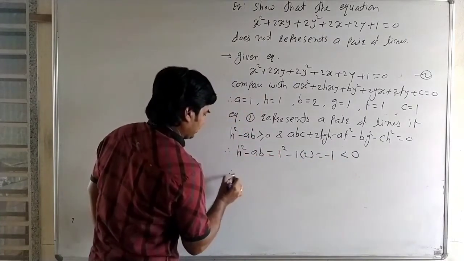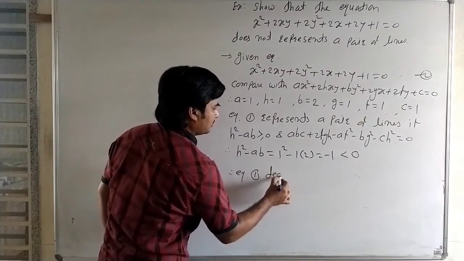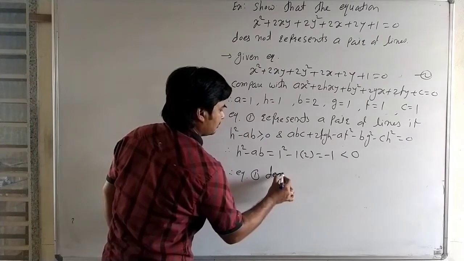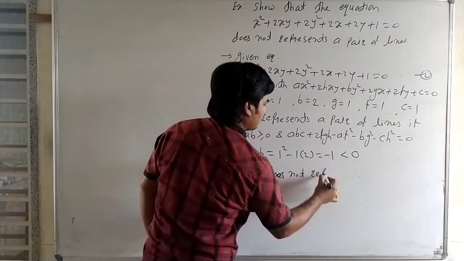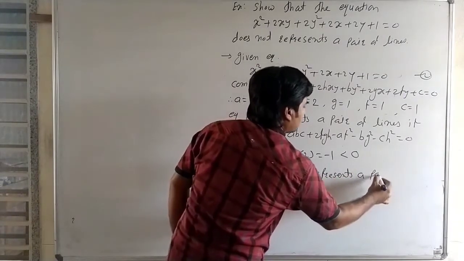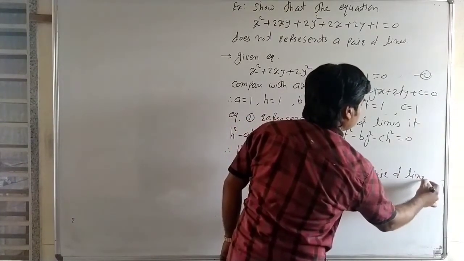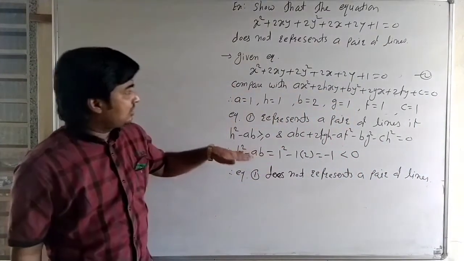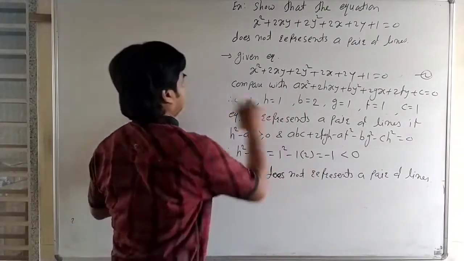Okay, therefore equation 1 does not represent a pair of lines, because h square minus ab is less than 0. Okay? Therefore it does not represent a pair of lines. Now next.